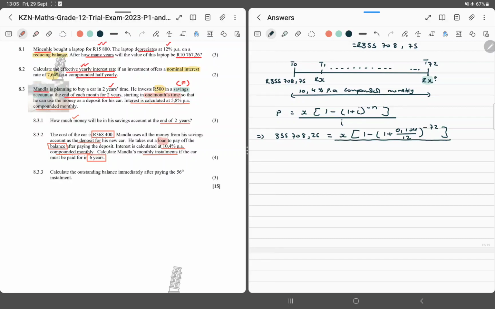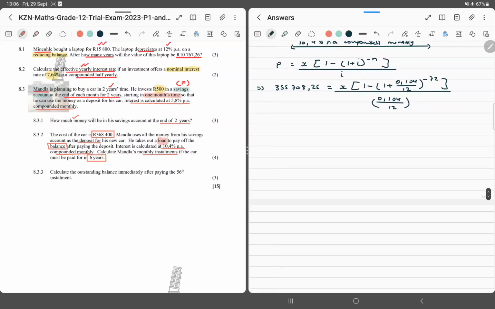So we remain with 72, divided by 0.104 over 12. Now folks, I cross multiply here, then divide. I don't want to waste time, guys. You need to be time conservative now.